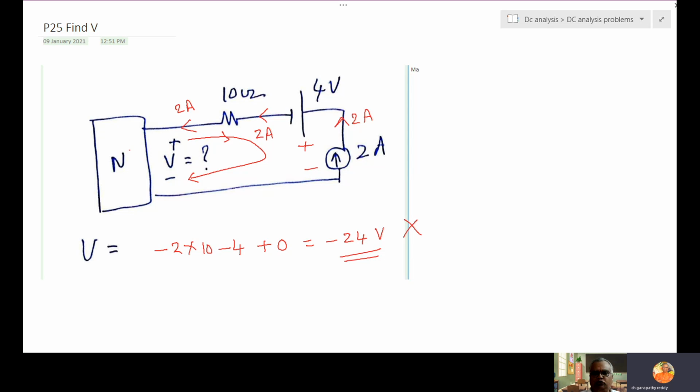What is there inside anyway, we don't know. Therefore, what is the answer? Not possible to find. Impossible. But minus 24 is definitely wrong. So this is one simple problem.